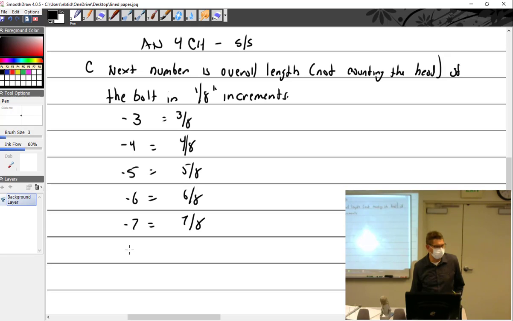There is no 8, and there is no 9. Just a single digit is lengths from, we'll say, 3/8 to 7/8.